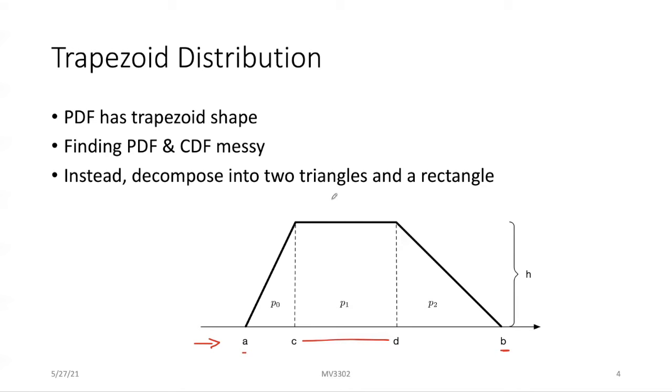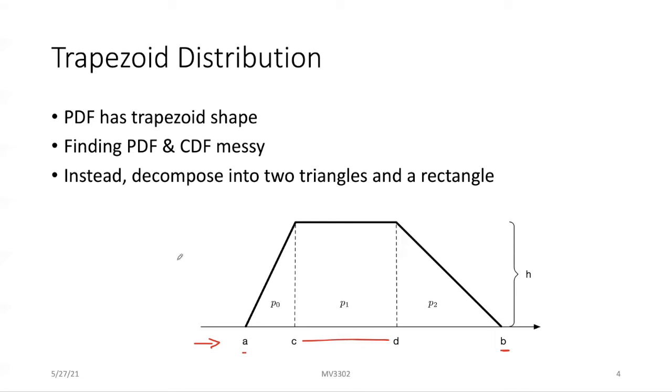But if we look at it, we have three pieces that we've already done. We've done a uniform with any range. We've done a triangle that looks like this, and a triangle that looks like that. If we can decompose this into those two triangles and the rectangle, then we can apply the composition method without having to do a lot of math.